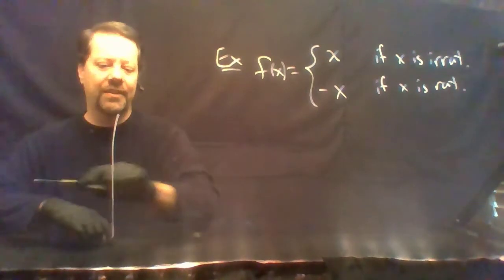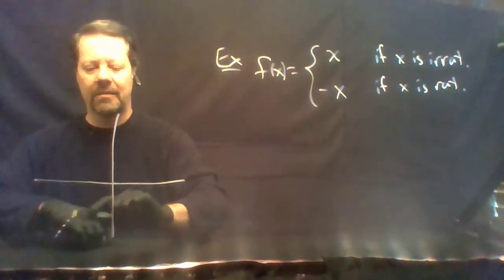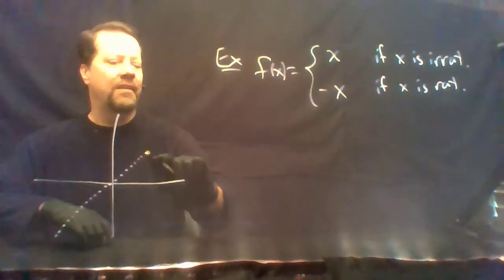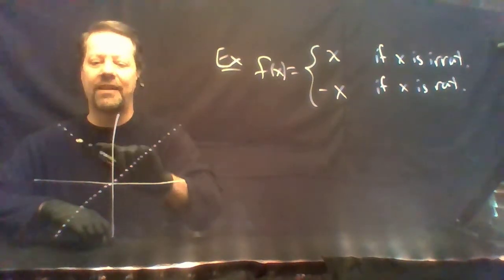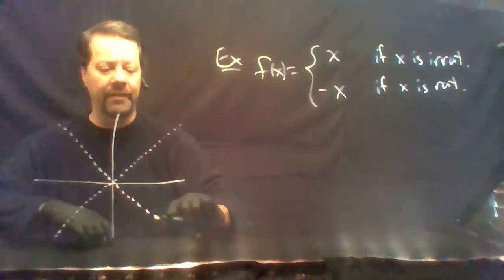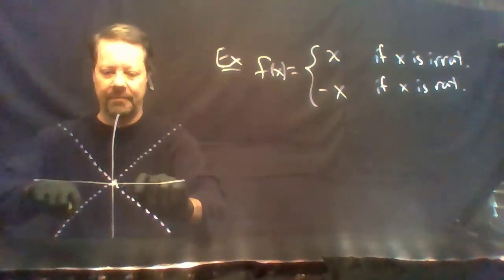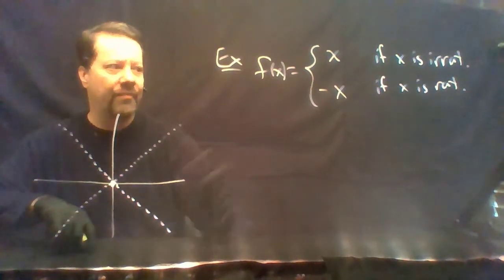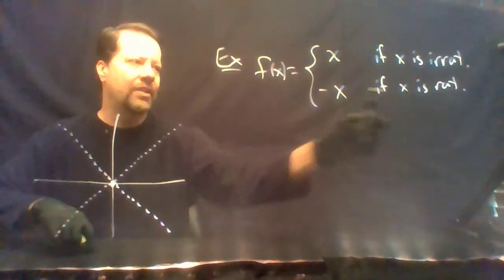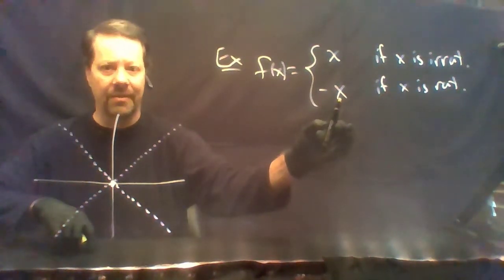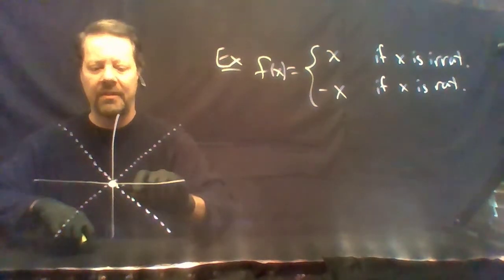This function looks like y equals x for irrational numbers and y equals negative x for rational numbers that are interwoven in between. You can see that in the limit, this function will go to 0. 0 is a rational number. It outputs minus 0 or 0 when x equals 0.